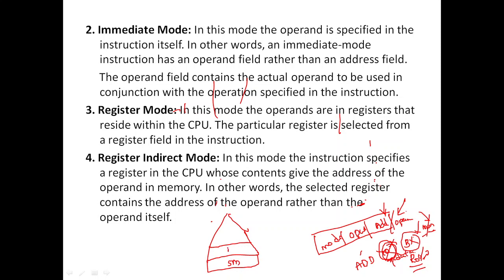Above the secondary memory, we have main memory. Above the main memory, we have cache memory. Above the cache memory, we have the processor, the CPU. In this CPU, some space is allocated for the registers. These registers are used for storing the data temporarily.